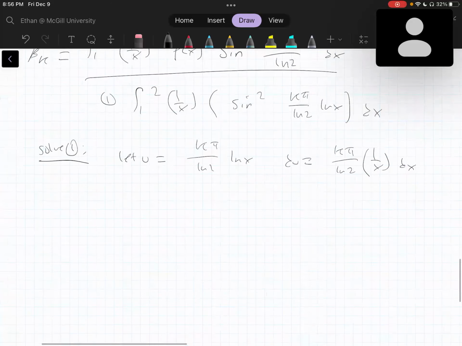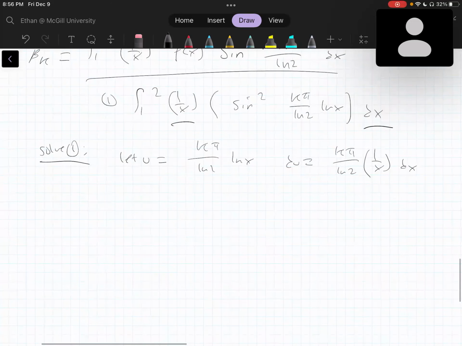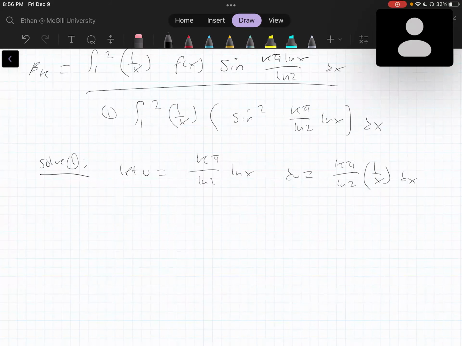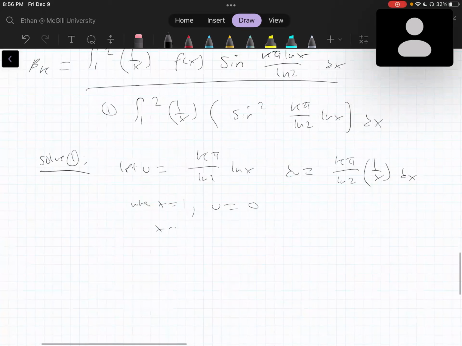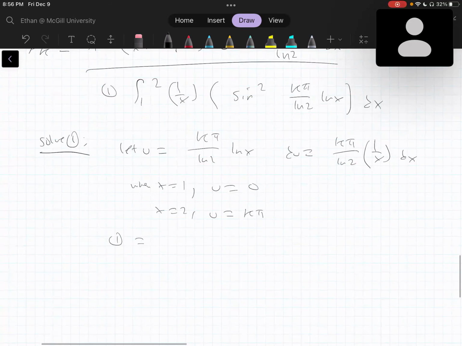Obviously you can see here that we have that 1 over x and that dx in the integral already, which makes our life great. We're just going to have to multiply by ln 2 over k pi to account for this coefficient when making the variable change. We also note that for the integral bounds, when x is equal to 1, u is equal to 0 because ln 1 is 0, and when x is equal to 2, u is going to be equal to k pi. So I is equal to the integral from 0 to k pi of sine squared u du.